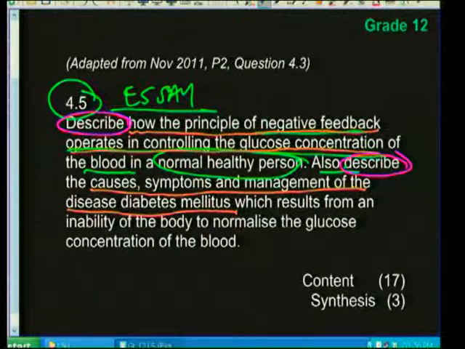You need to read the whole thing, obviously, but in terms of your instruction, you have to do two things. You have to describe how the negative feedback mechanism operates, 1. 2, you have to describe the causes, 2.1 you can call it, 2.2 the symptoms, and the management of the disease diabetes mellitus.